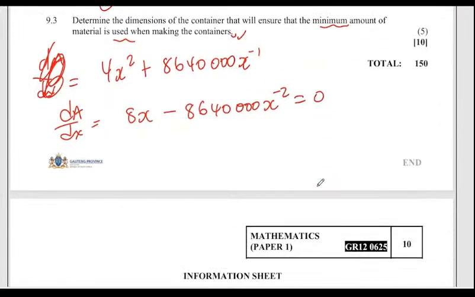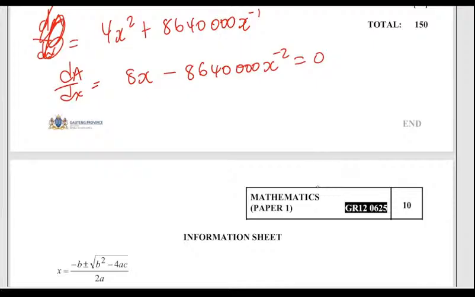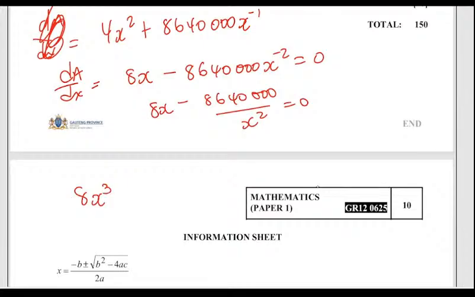Then I'm just going to rewrite this out and say it is 8x minus 8,640,000 over x squared. Multiply through by x squared, meaning that we have 8x cubed. I'm not canceling, I'm just multiplying through. Is equal to 8,640,000.